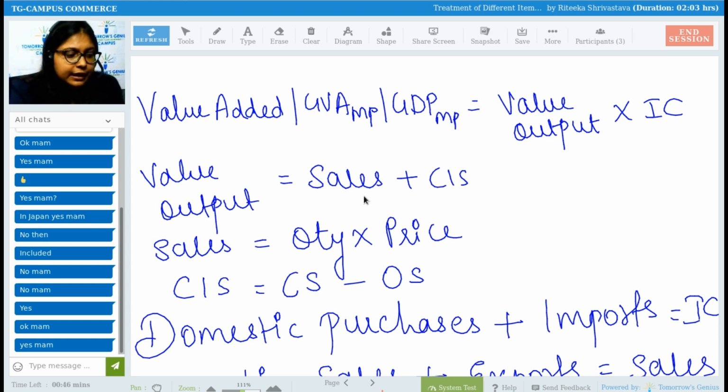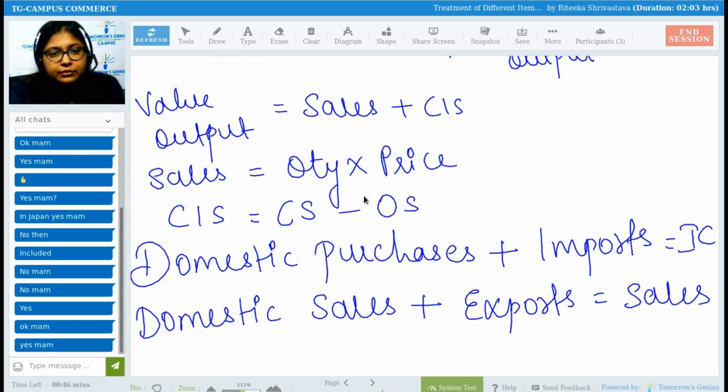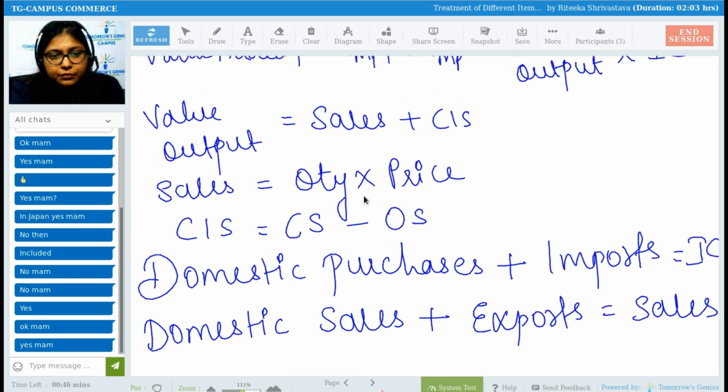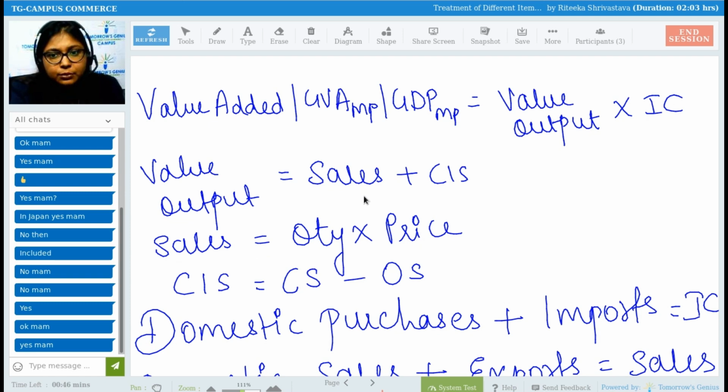Look at the formula very carefully. Understand it. If any part, any formula I'm missing out, let me know. From value added method, the formula is value of output minus, sorry. See, nobody is correcting me. Value of output into intermediate consumption.